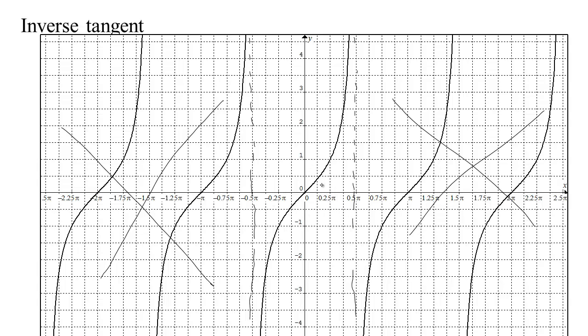Okay, so that means that if we cut off the tangent so that it only works on angles between -π/2 and π/2, the arc tangent will take numbers here and give back angles that are between -π/2 and π/2.